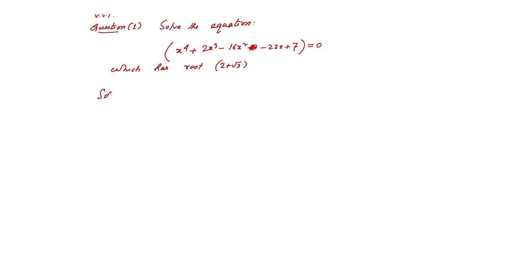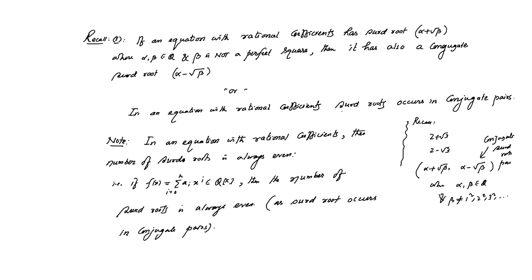So obviously here you just observe this is an algebraic equation with a real coefficient, and also it has a surd root. So you know the surd root occurs in conjugate pairs.